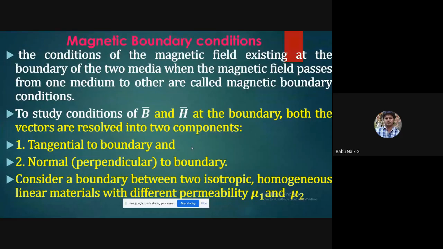This involves permeability, whereas in the electrostatic field permittivity is what matters. In the magnetostatic field, permeability exists in the two mediums: in medium 1 it is mu 1, and in medium 2 it is mu 2.